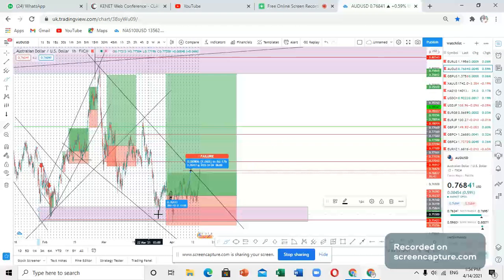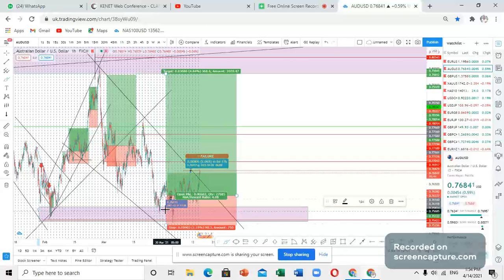There is no way you can be placing your stop loss around this position, because the market may have some retracement, and as they are having their retracement, they may move back and touch your stop losses. And the moment your stop loss is touched, you just moved out of the market.